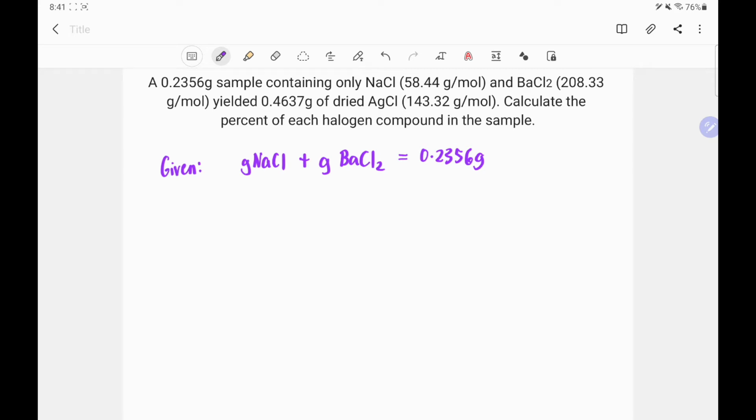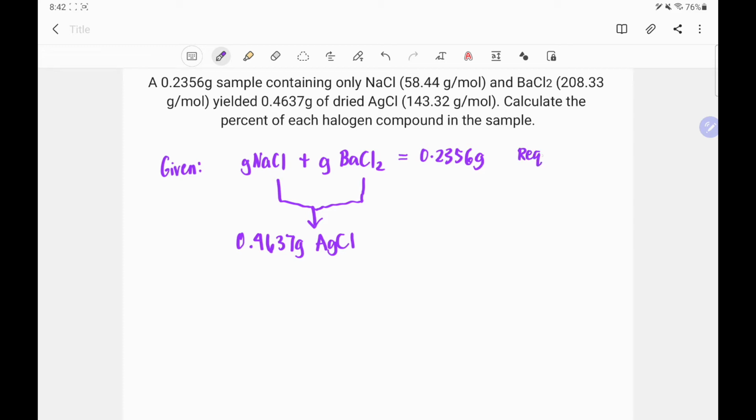You could also define variables such as x and y instead, but I'm not going to do that here. We know that the chloride in sodium chloride and the chloride in barium chloride got converted into silver chloride, and that's 0.4637 grams.